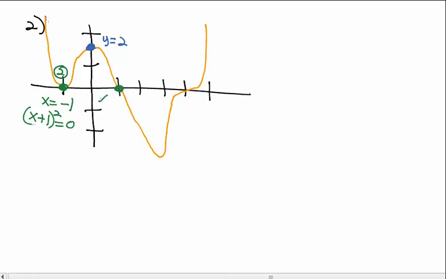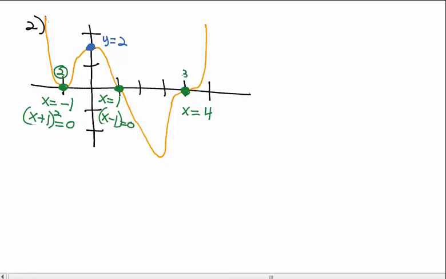The next x-intercept is at x equals 1. It just goes through that point, so we'll subtract 1. Nothing fancy, x minus 1 is our next factor. Our third x-intercept at x equals 4, though, is interesting because you notice the graph levels off. It doesn't just go through it like the intercept in the middle did.